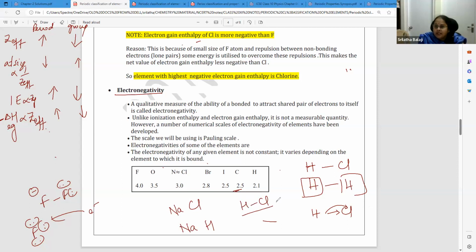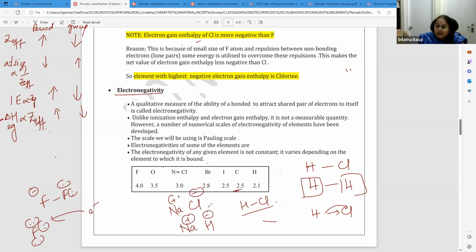H and Cl will form HCl. In NaCl, Na is positively charged, chlorine is negatively charged. How are the charges with sodium and hydrogen? A metal will always lose electrons. So here also it's Na plus and H minus.